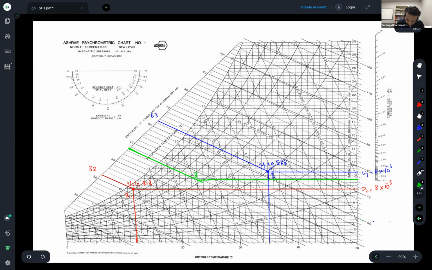Number 3 in here. So that relative humidity is, we can find the dry bulb temperature, which is equal to 23. So this is 23 dry bulb temperature, 23 Celsius.